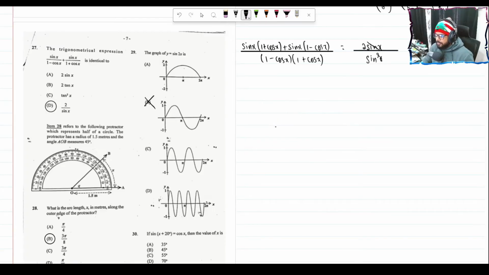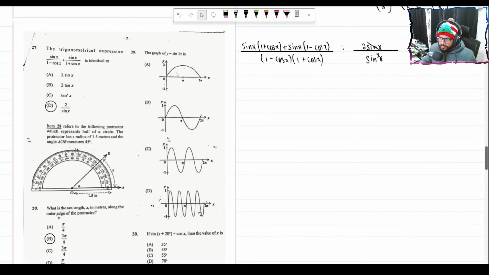Now, how about a different way we could view this? Think of it as a regular graph. Whenever this is my x value, this pi, plug it in.